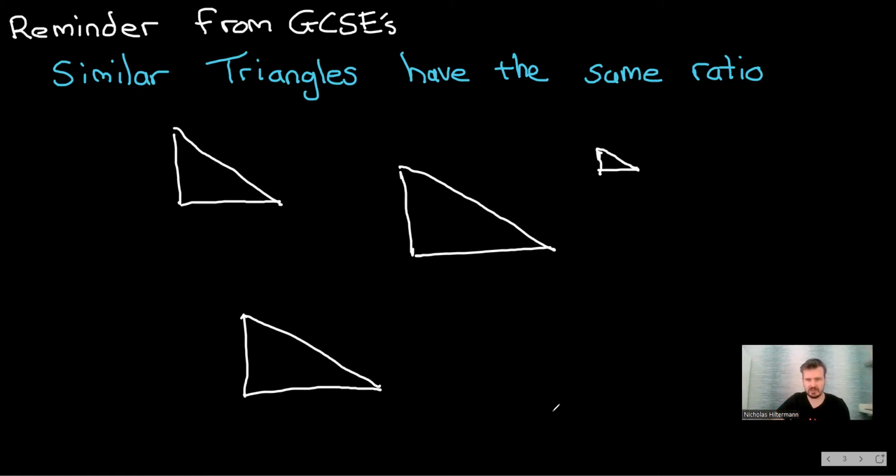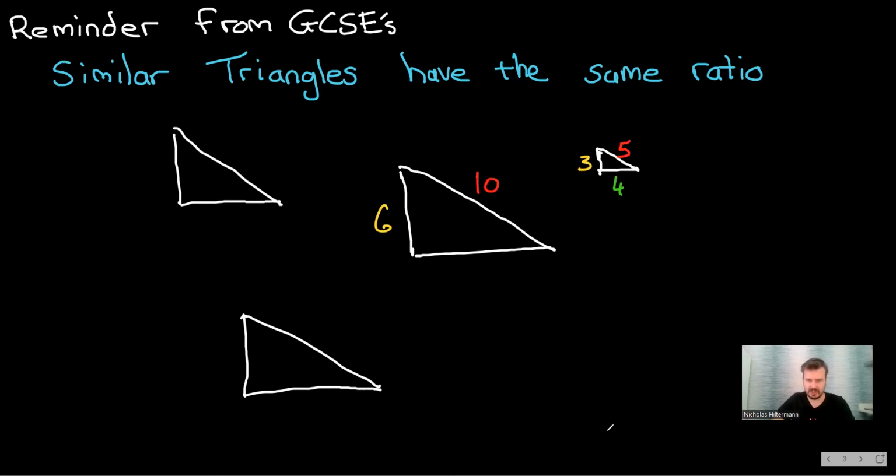So let's make it a nice Pythagoras triangle. If this is 3, 4, and 5, and this happened to be 6 and these were similar, then everything would be doubled.